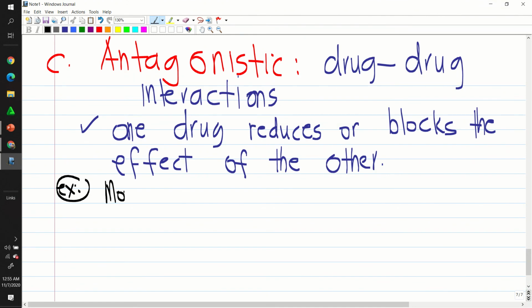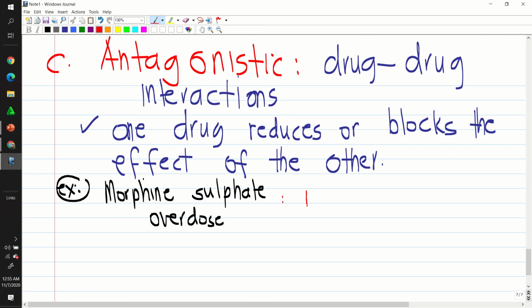For instance, your morphine sulfate. In a morphine sulfate overdose, we are giving naloxone. Naloxone is given as an antagonist in order to block the narcotic effects of your morphine sulfate.